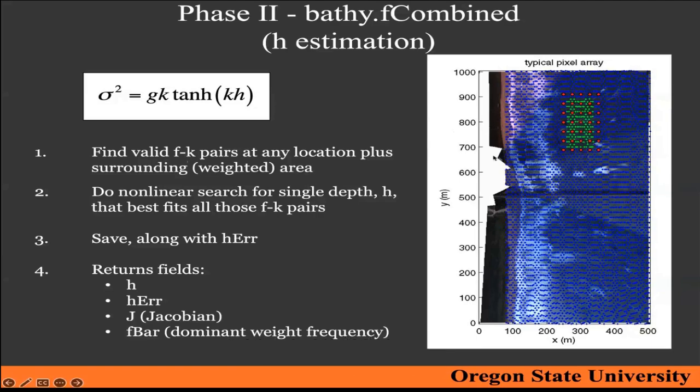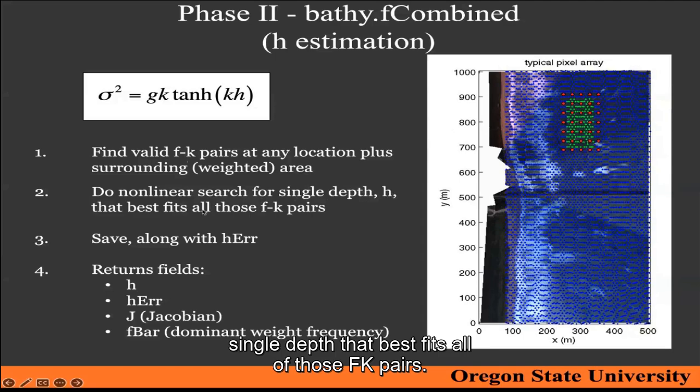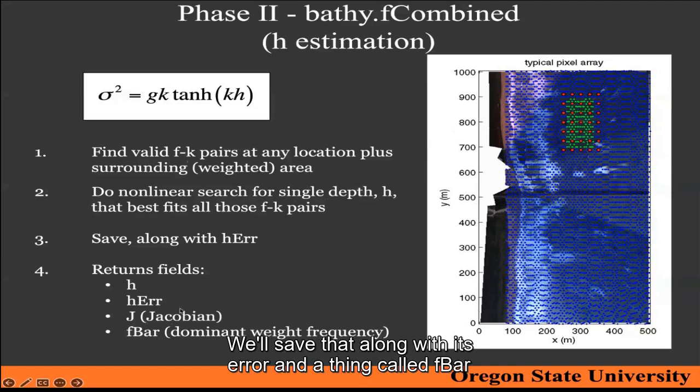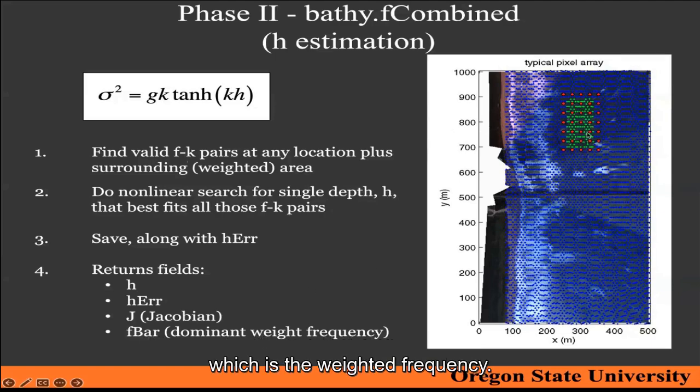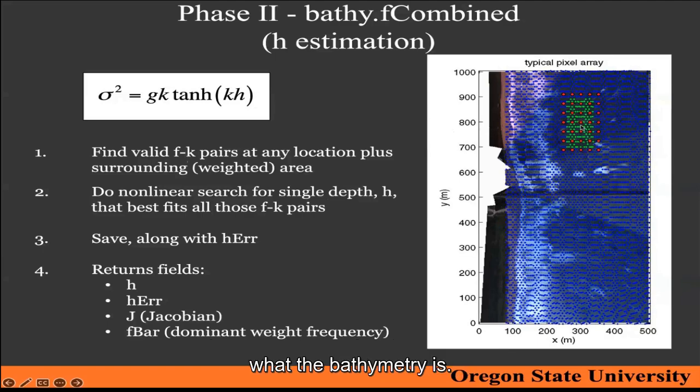And then we're going to do a nonlinear search that finds a single depth that best fits all of those FK pairs. We'll save that along with its error and a thing called F bar, which is the weighted frequency. So everything we've done here is to estimate for one location what the bathymetry is.